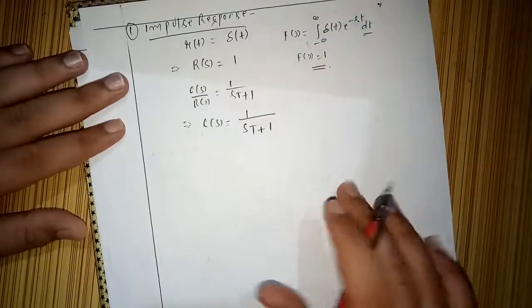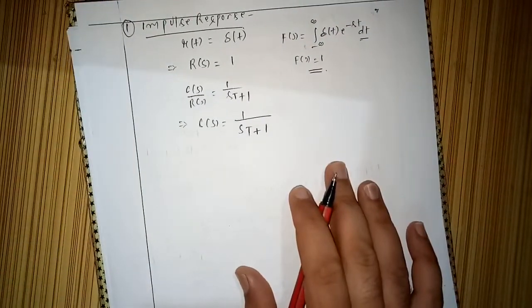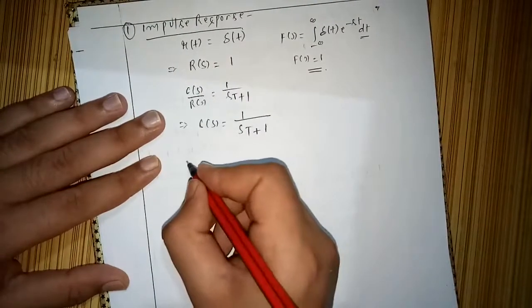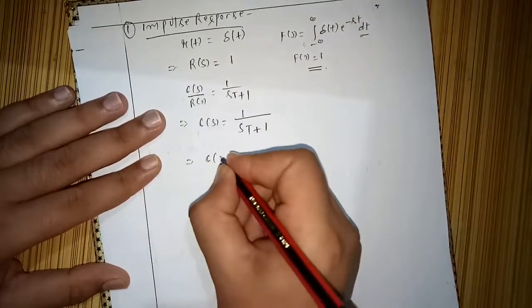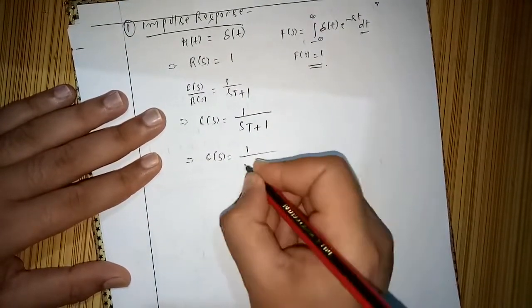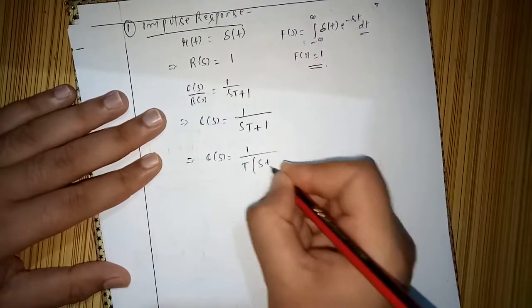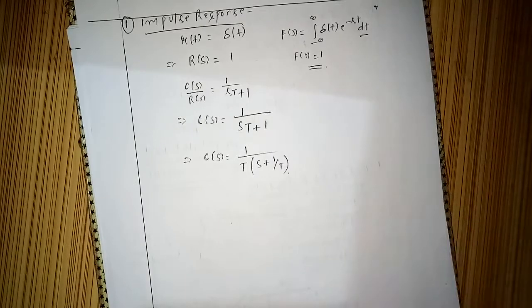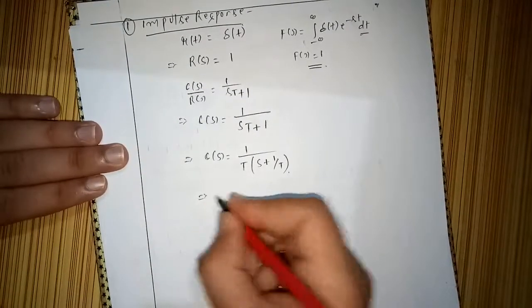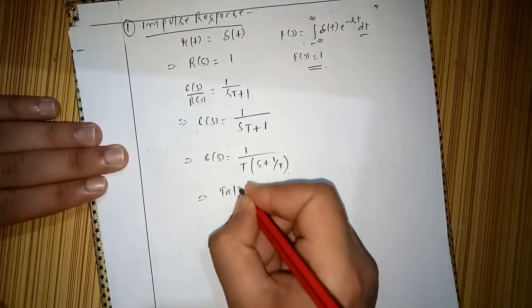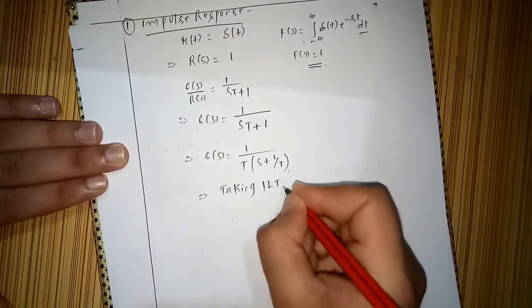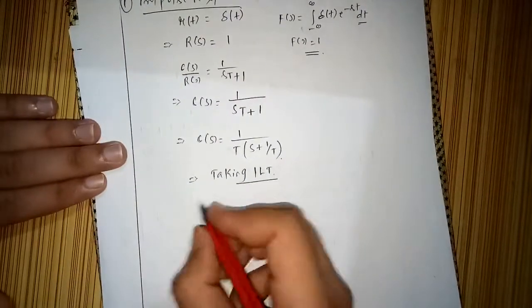So I need to identify its time response. Let's do some manipulation and write it in the standard form, (1 by T) upon (s plus 1 by T). Now from your signals and systems understanding, I am directly taking the inverse Laplace transform.